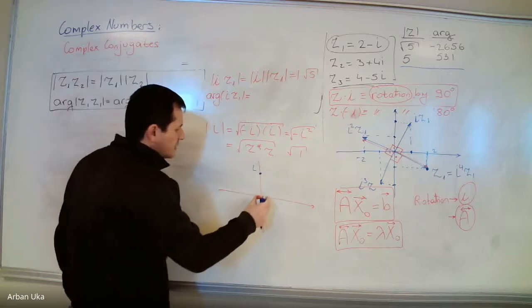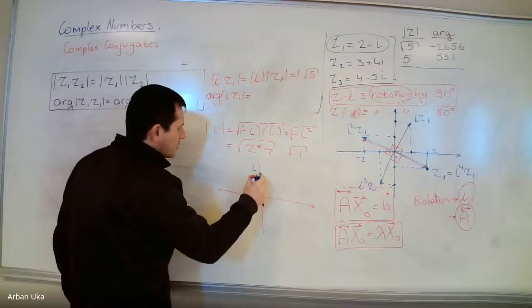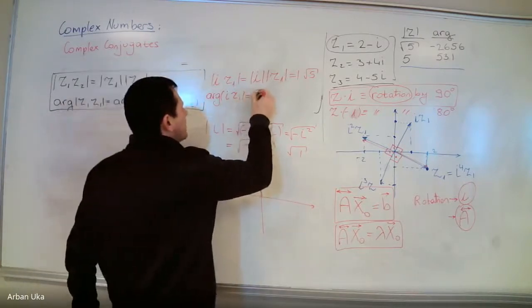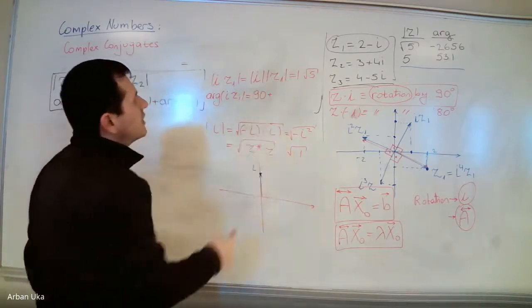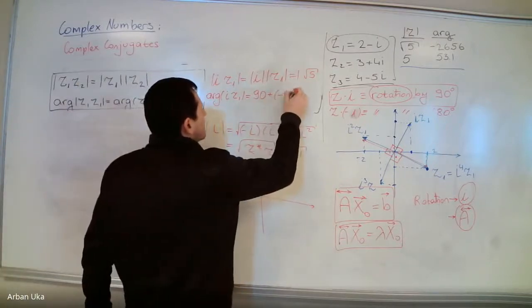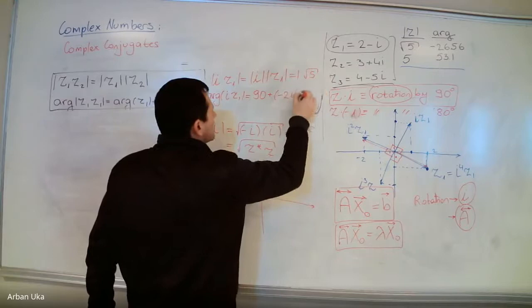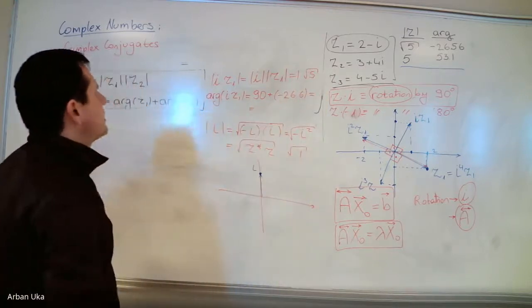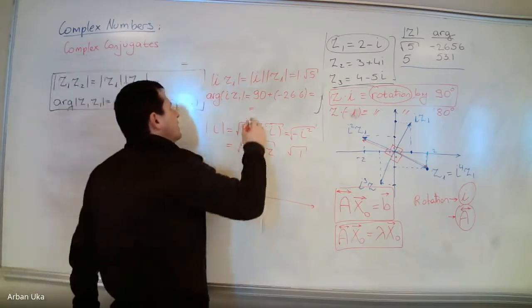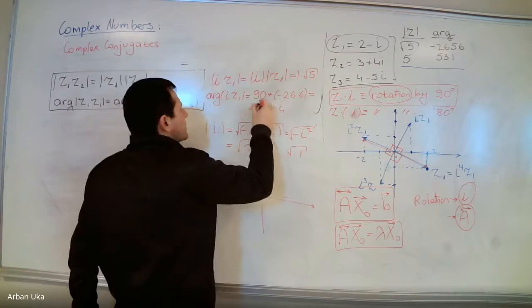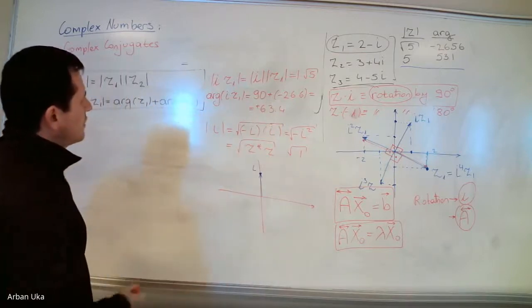What is the angle here? 90 degrees. That's correct. So the argument of iZ1 is equal to 90 plus the angle of Z1, which is minus 26.56. And this would be equal to something like 63.4 degrees. So this is what is happening here.